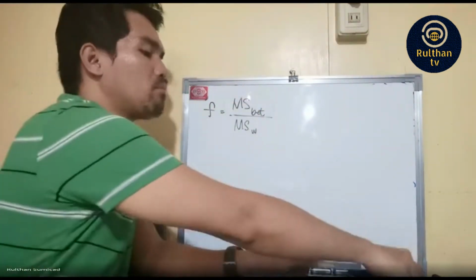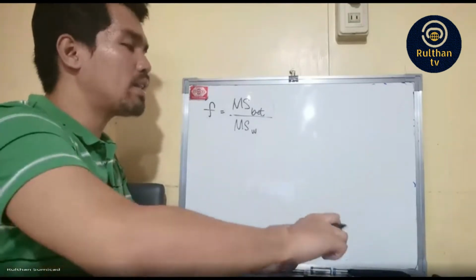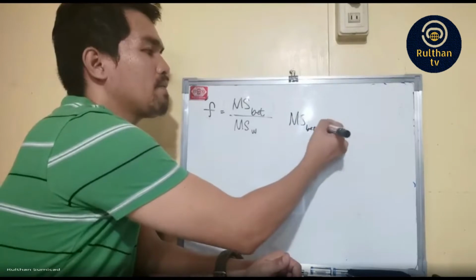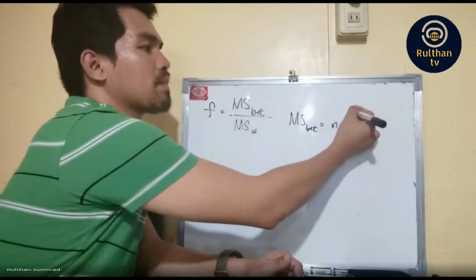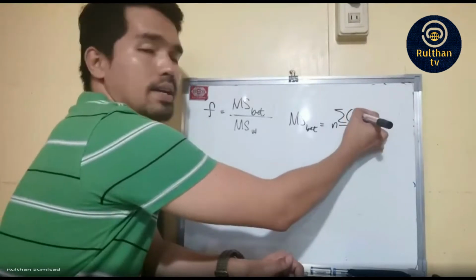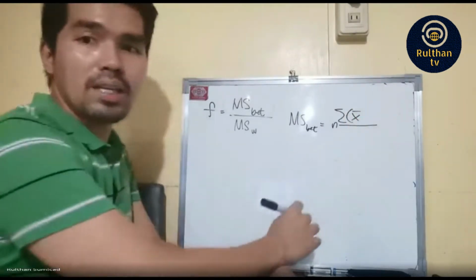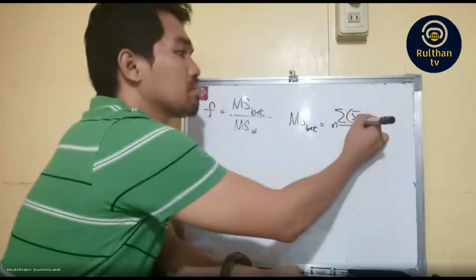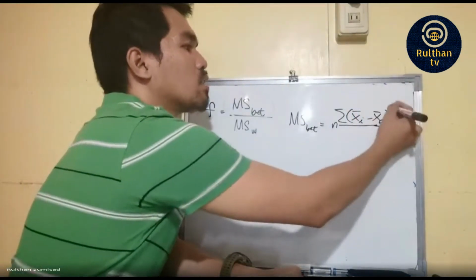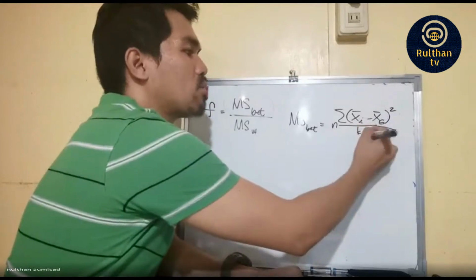For the MS between, the condition is that MS between is simply n times the summation of the expression, mean for each group minus x bar g squared, divided by k minus 1.